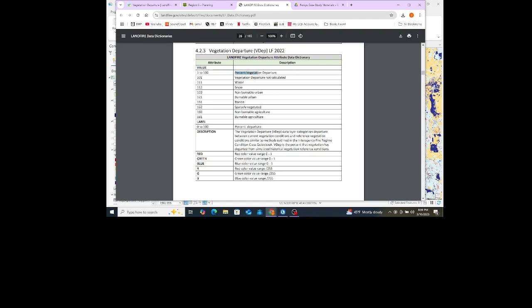A value of 0 is representative of historical conditions, and 100 would be a complete departure within that stand from historical vegetation conditions. And then we have these values over 100, which just indicate that we have other things going on, and it most likely won't burn. So water, snow, urban areas, infrastructure, stuff of that sort.